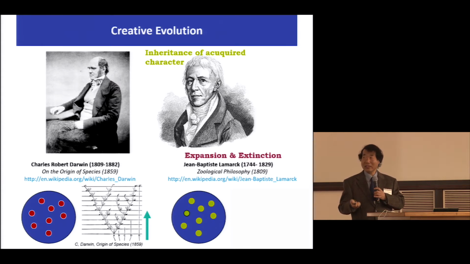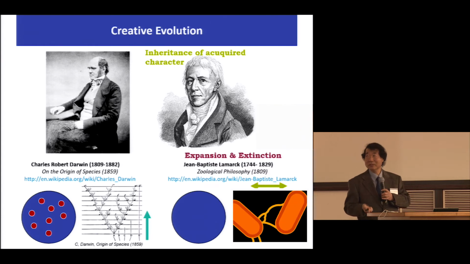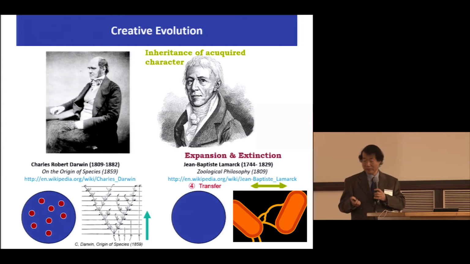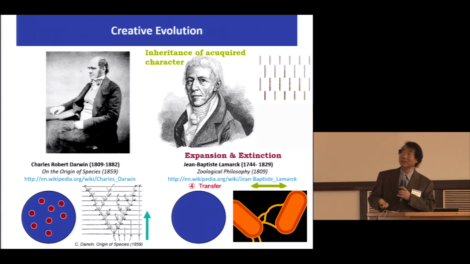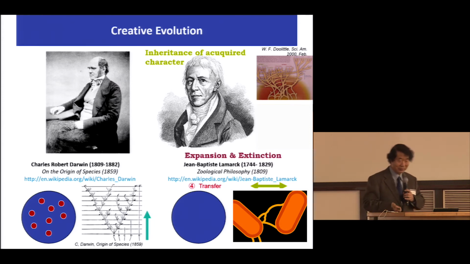A new kind of bacteria suddenly appears, changes, and disappears. Why? Because of horizontal transference of genes due to direct interactions among various bacteria. As a result, the evolutionary tree looks like a network, as I showed before.